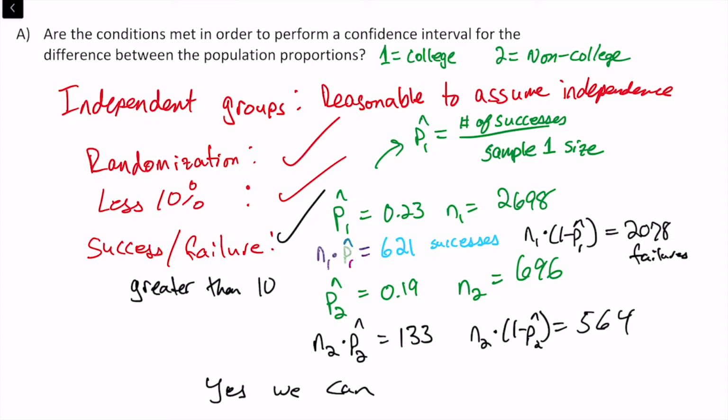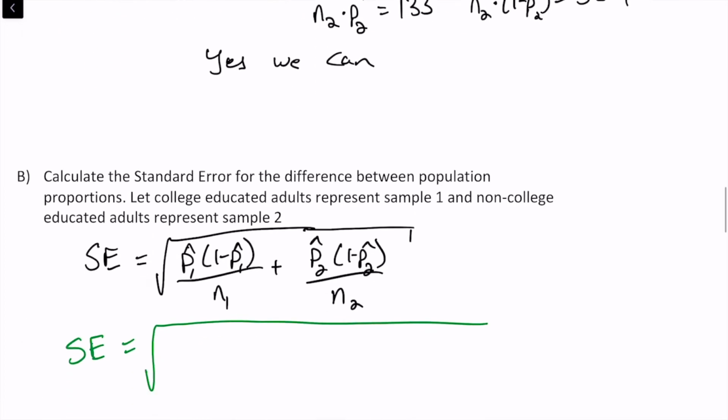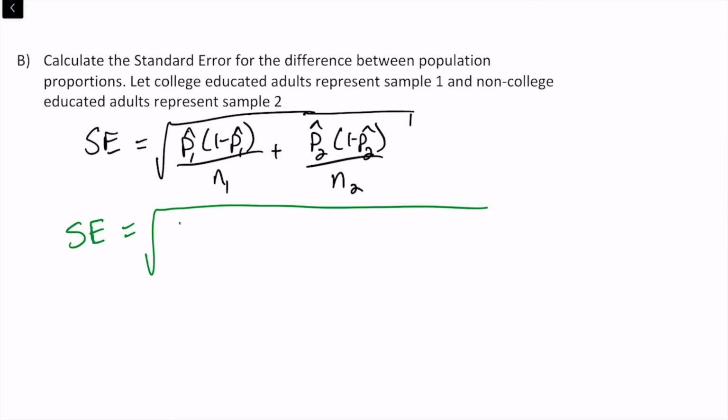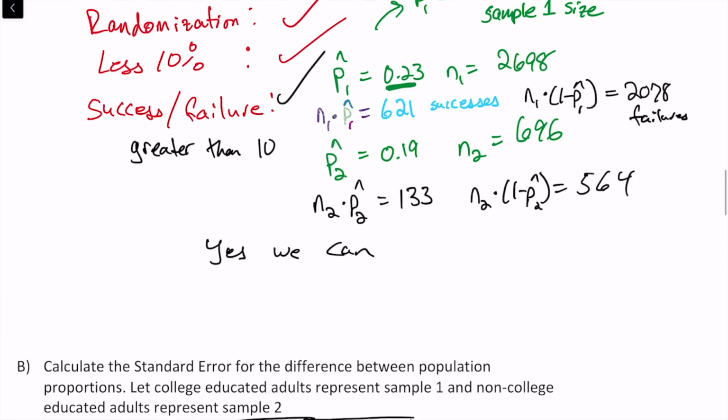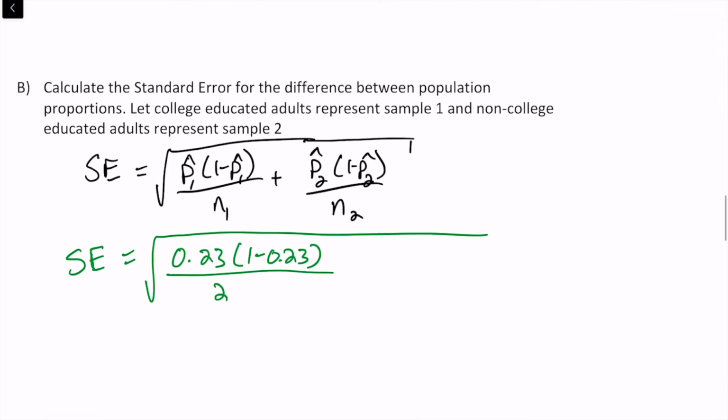But for us, we're lucky. P1 hat is given to us. It's 0.23. So we take 0.23 times 1 minus 0.23, and we divide that by our sample size of 2698.